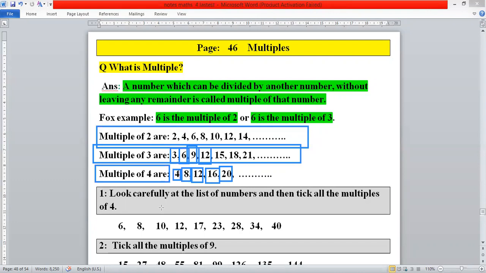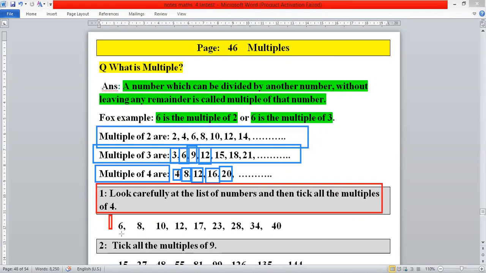The question 1, the statement of question 1 is, look carefully at the list of the numbers and then tick all the multiples of 4.